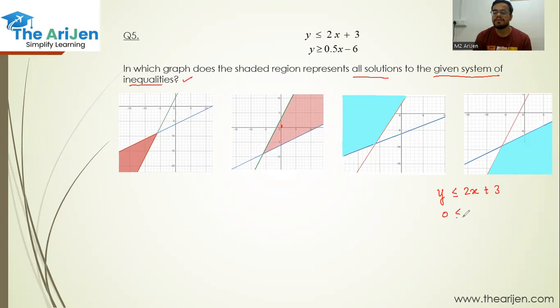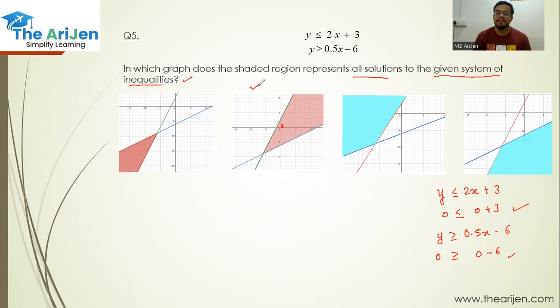So 0, 0 plus 3. Yes, 3 is greater. Y greater than 0.5x minus 6. Put 0. This will be 0. Yes, 0 is greater than minus 6. So simply this point, the origin, is being satisfied, right? So directly we can say that this is the right choice.